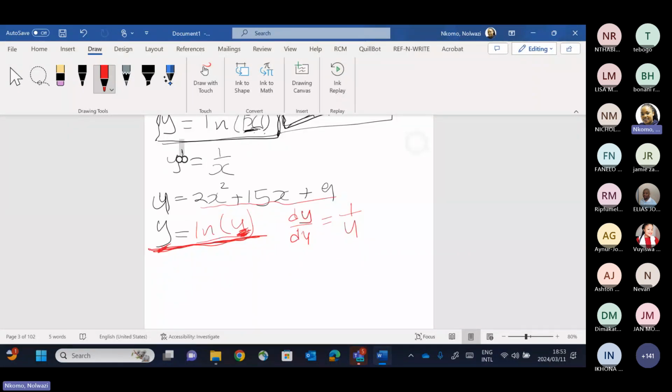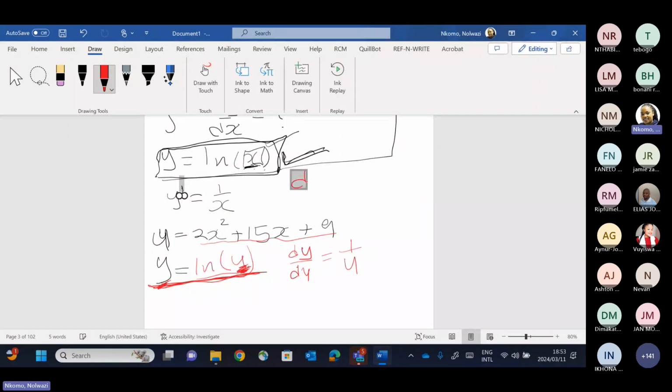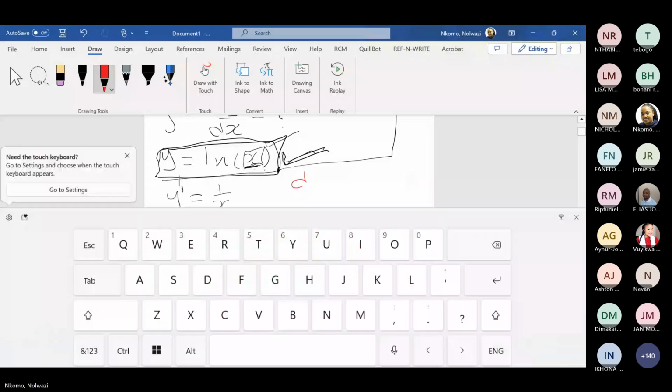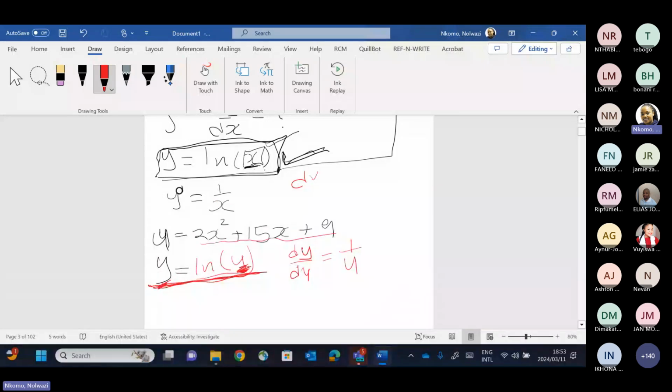But initially, we were asked to find dy over dx, right? And we know that the chain rule says dy over dx is equal to dy over du times du over dx. We have dy over du, which is this part, and we have u, which is a function of x.